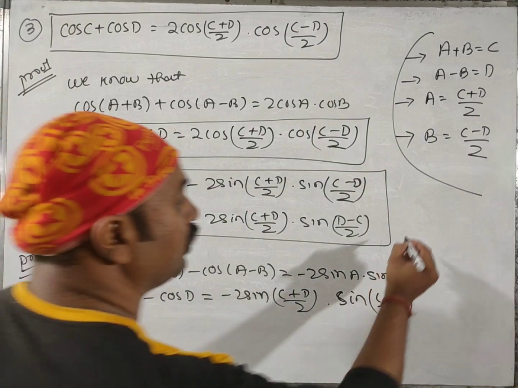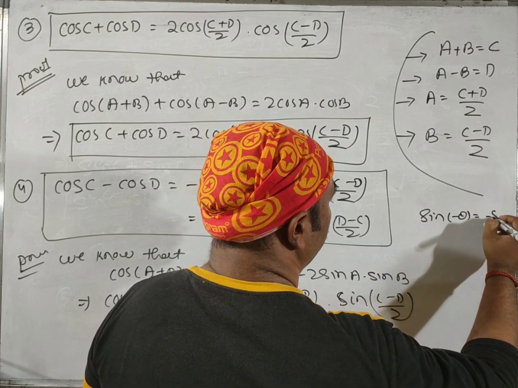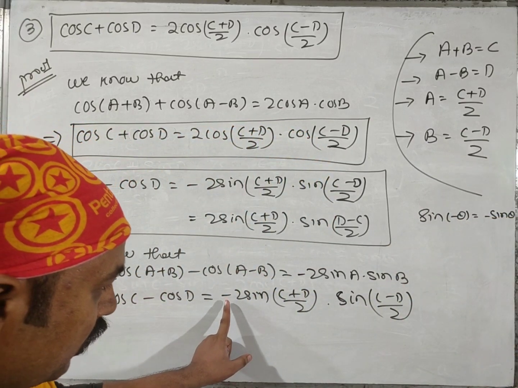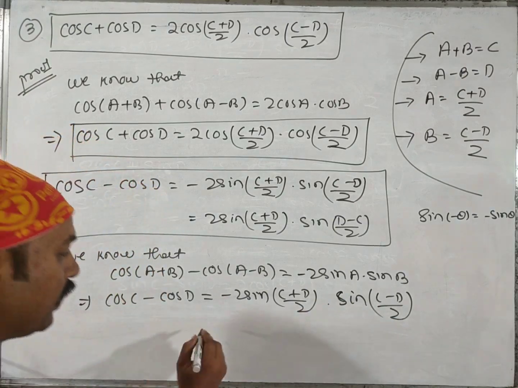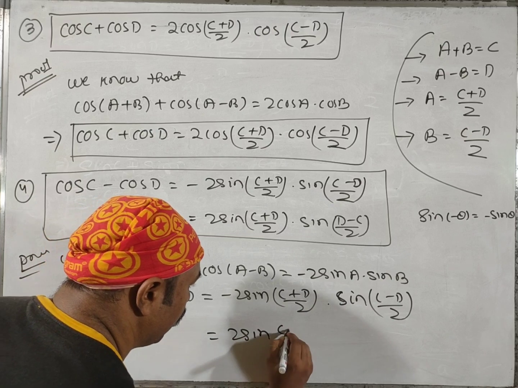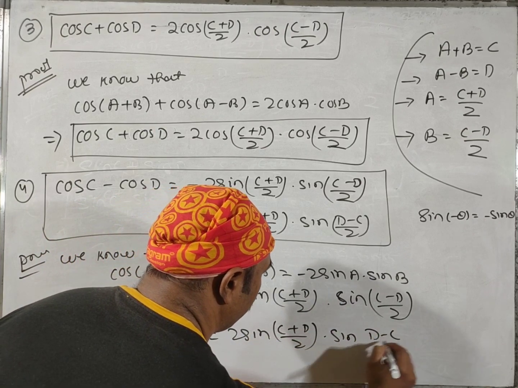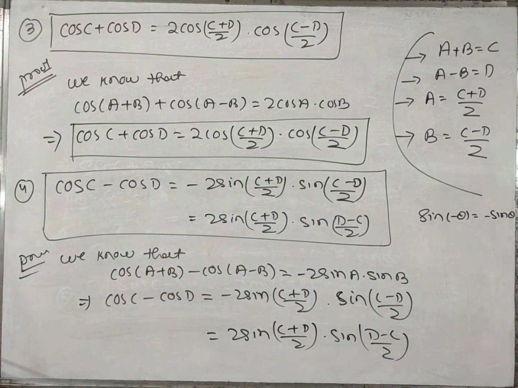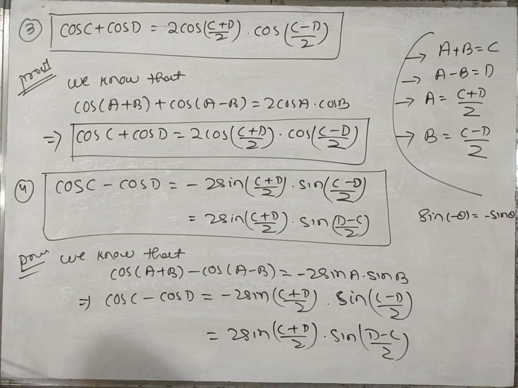But we know that sin of minus theta is minus sin theta. So by considering this minus sign and this sin((C minus D)/2) value, we can get 2 sin((C plus D)/2) into sin((D minus C)/2). Minus is getting multiplied with (C minus D)/2 and resulting as (D minus C)/2. And here it is the proof of the fourth one.